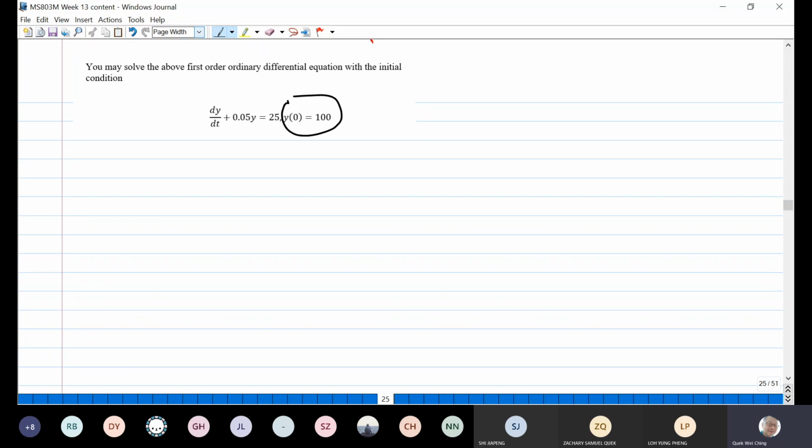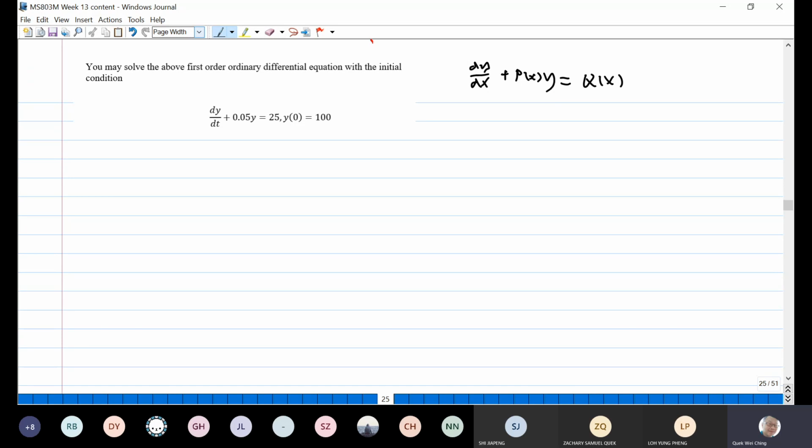So now you can solve this equation. What kind of equation is this? Again, we call this dy/dx plus p(x) times y equals q(x). The only difference is you don't have x now, it's t.